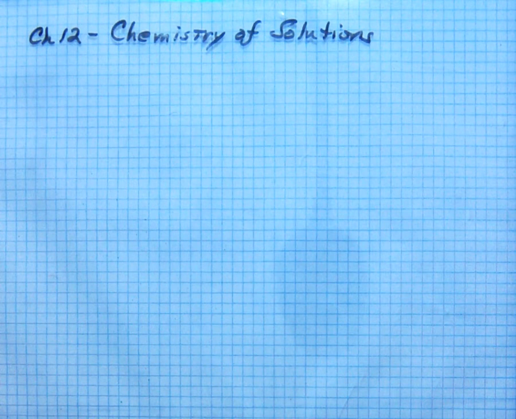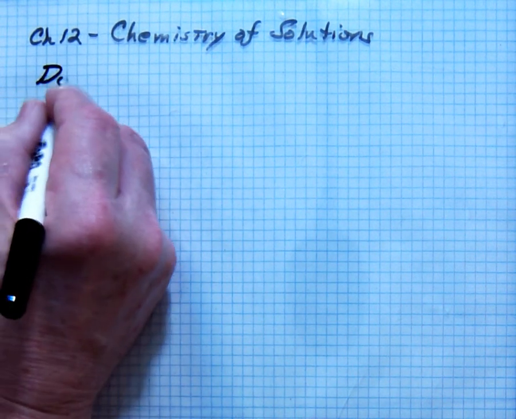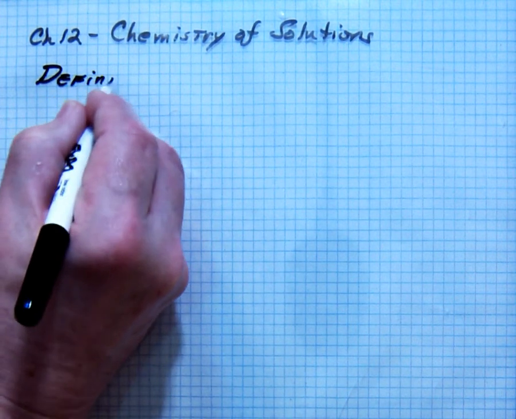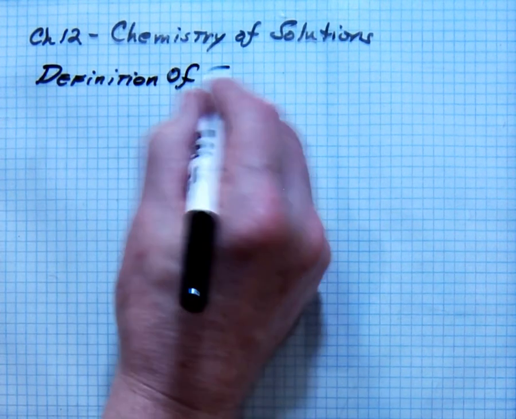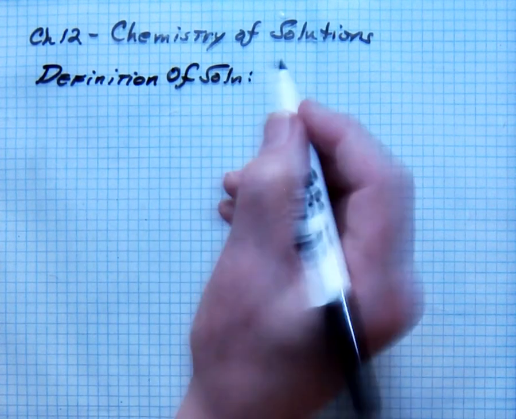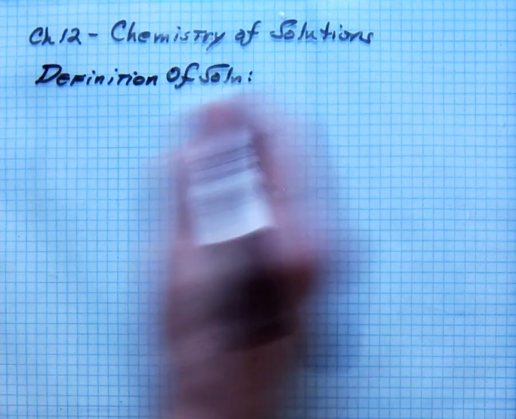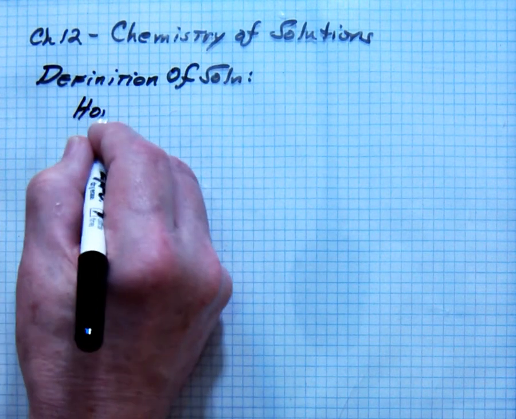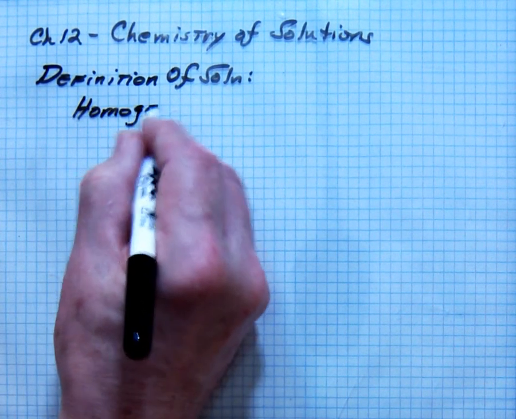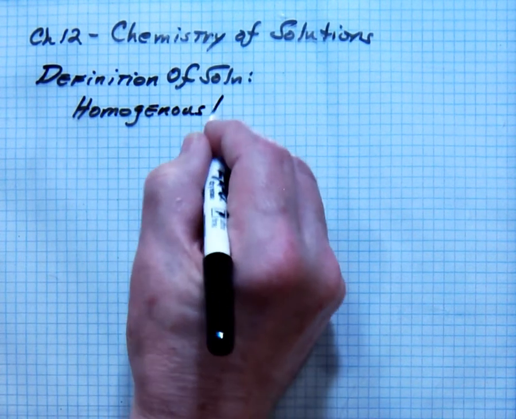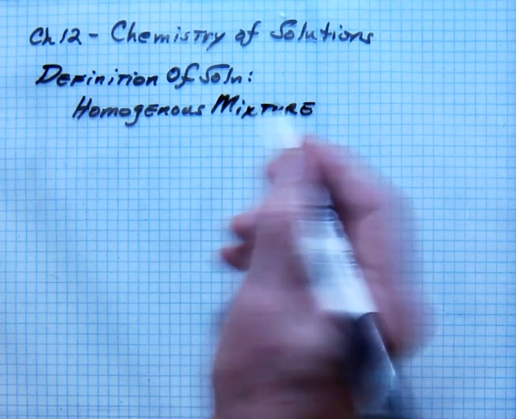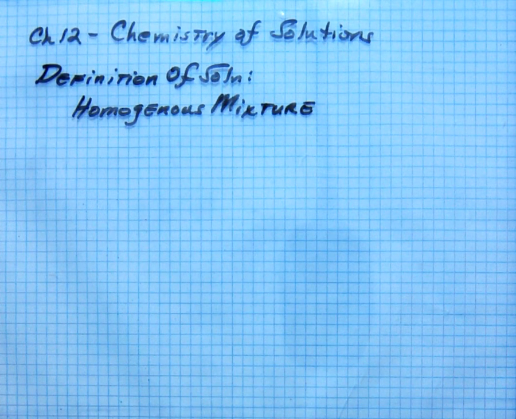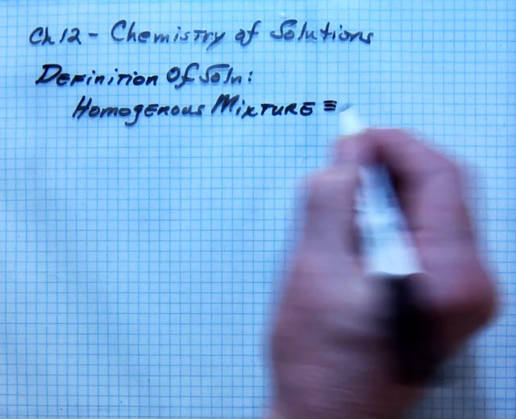Okay, first topic, we'll start on just what a solution is, by definition. Basically, it is a homogeneous mixture, which essentially means that it has consistent properties throughout.